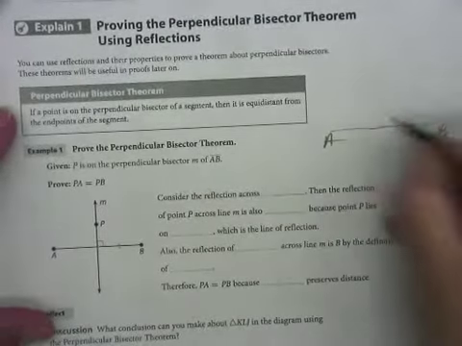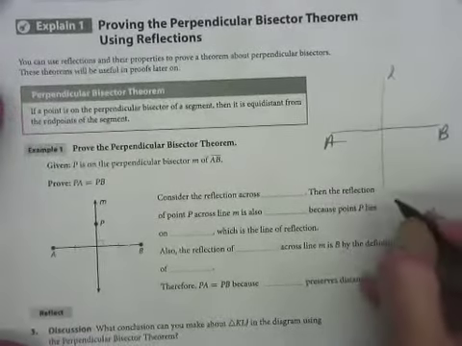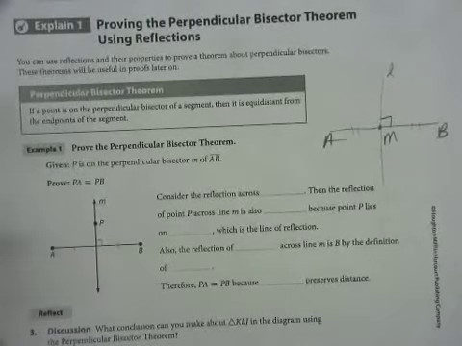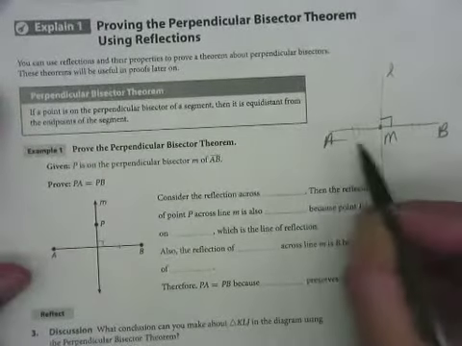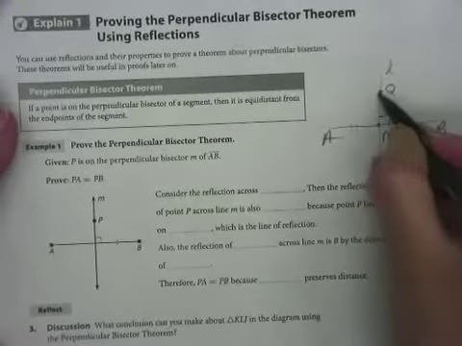So let me put that in clearer terms. If I have a segment AB and I have the perpendicular bisector of segment AB, well, by definition, the perpendicular bisector would be forming a 90-degree angle, and this segment would be congruent to this segment. So maybe I would call this point M. Oh, that's a convenient letter to choose, since M would be the midpoint of segment AB.